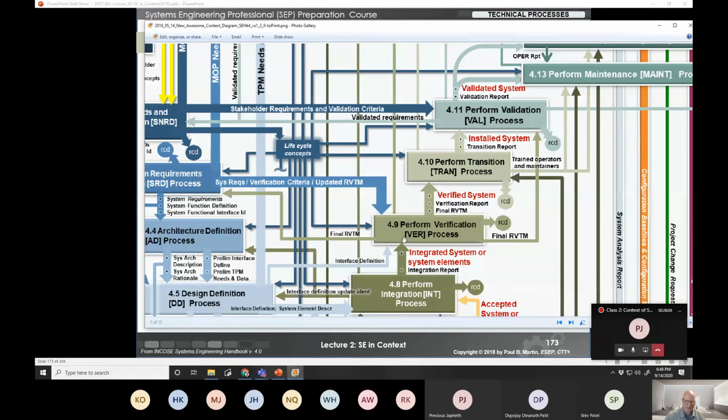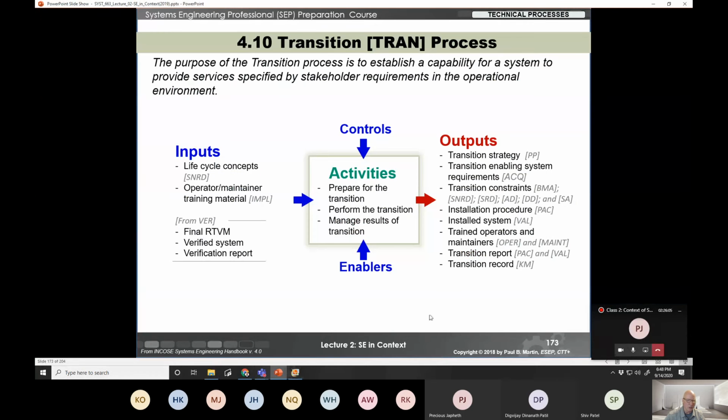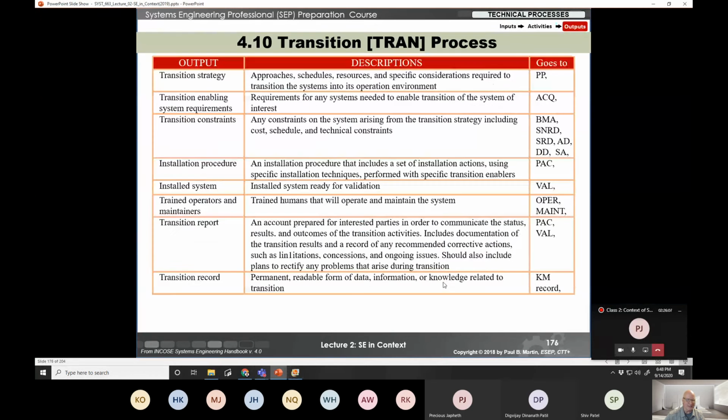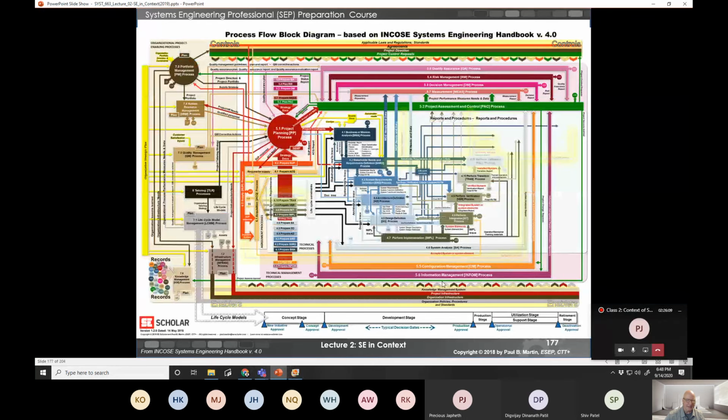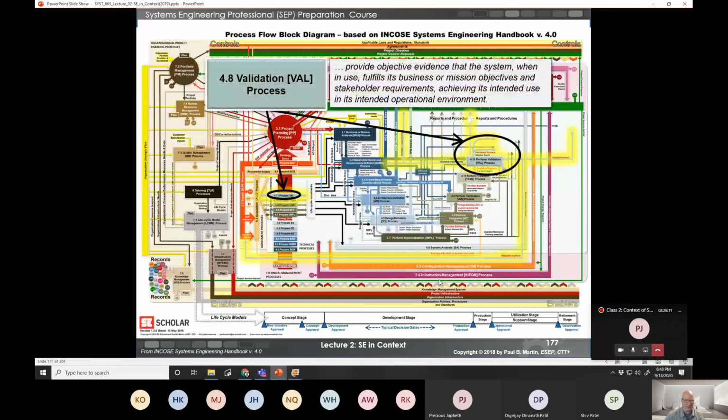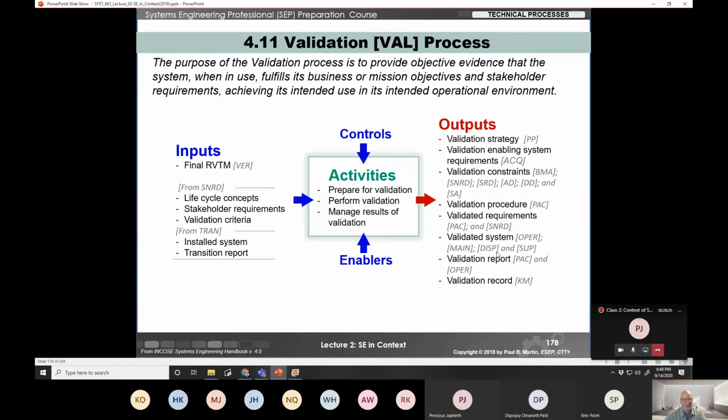Now, once that happens, you have to figure out, will it perform the mission? That's the next aspect here, and that's where validation comes in. Will it fulfill your mission objectives in the stakeholder requirements, achieving its intended use in its intended environment? So this is where, if you guys are DoD, you know what OT&E is.